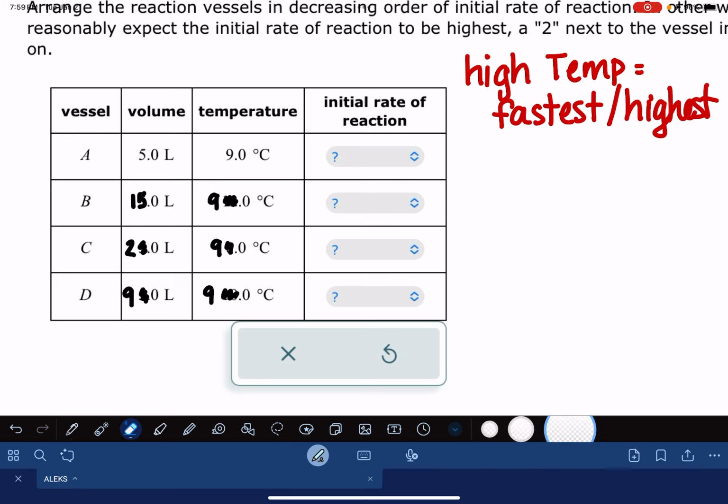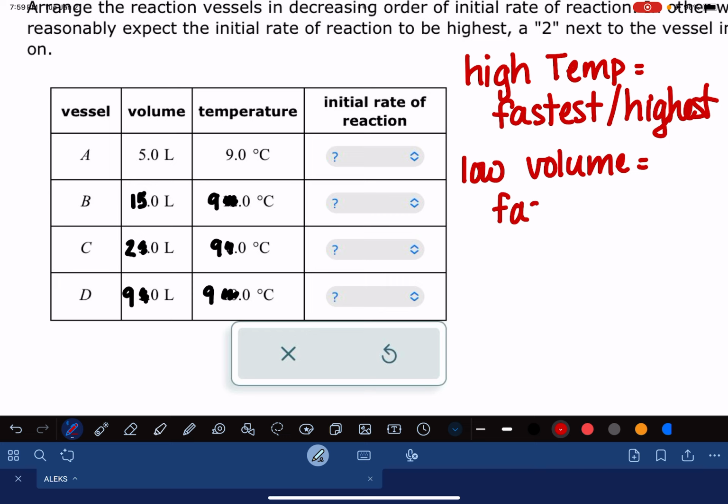Okay, so if we have constant temp, but different volume, the smaller the volume is, the easier it is for the molecules to bump into each other because they're jammed into this little teeny tiny container. And the low volume is going to be the one that has the fastest or the highest rate of reaction.